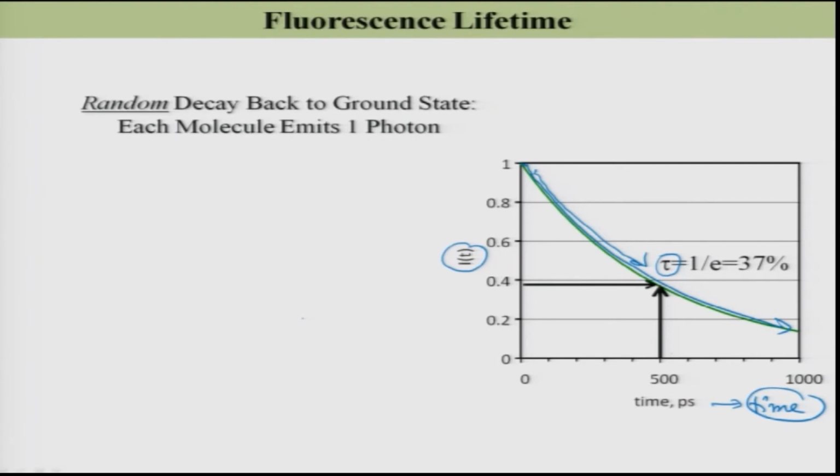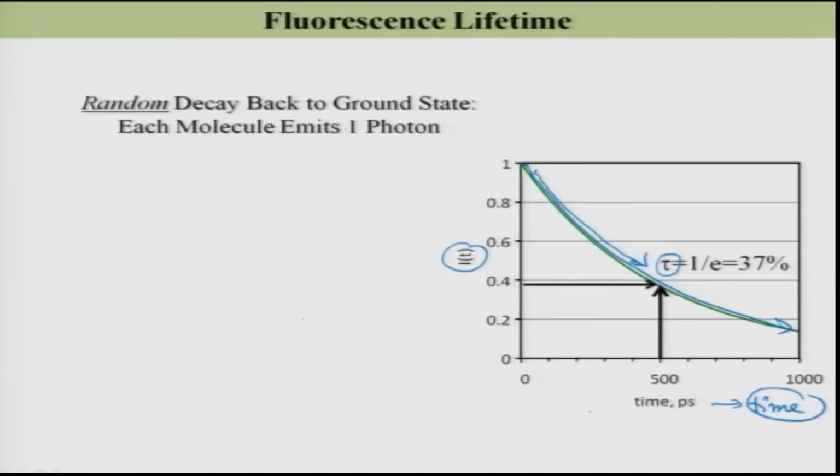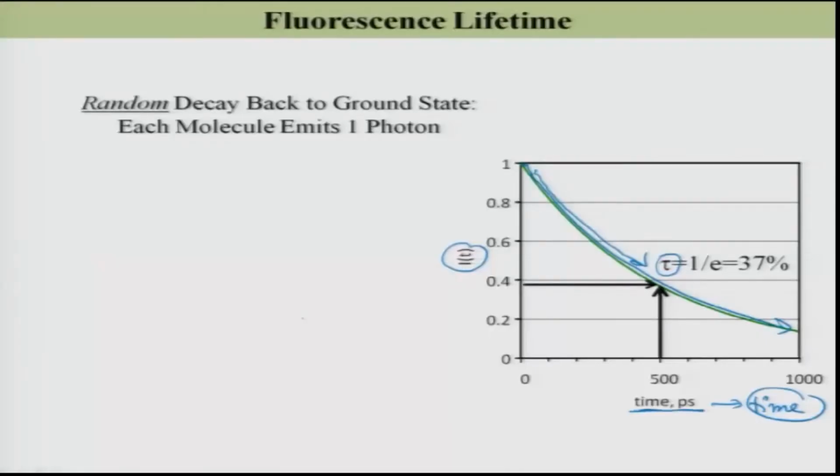But the problem is that, as I said earlier, the lifetime of these molecules is in the order of nanoseconds. That means you need to measure all this time with picosecond time resolution, 10 picosecond, 100 picosecond time resolution. That is what you see here, I have written the time in picoseconds.